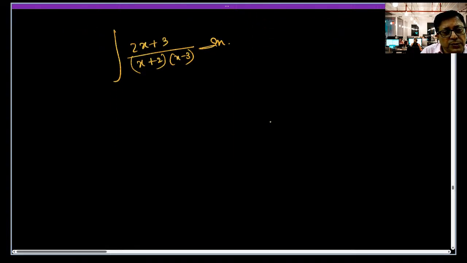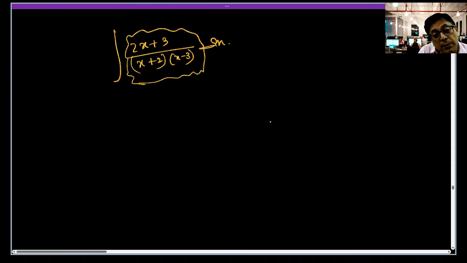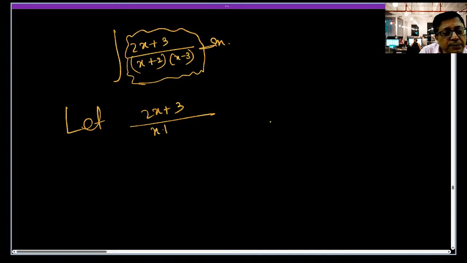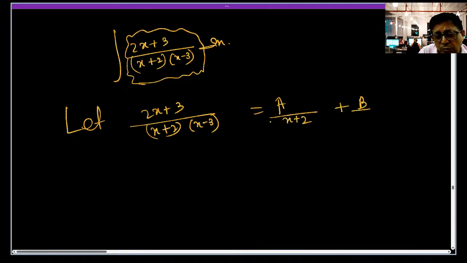This one. Your plan is to express this whole integrand as a sum of two rational expressions. You take (2x plus 3) by ... a by x plus 2, b by x minus 3.